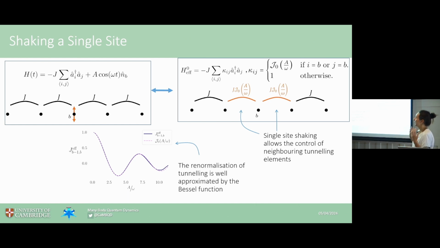We can verify that this works by numerically calculating the stroboscopic Hamiltonian for some choice of T0, and we can show that this matrix element, which characterizes this tunneling, also follows this Bessel function as we would expect.